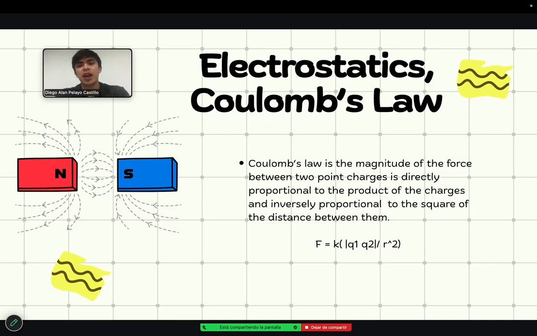So first I would like to start with electrostatics. Electrostatics is the study of electric charges at rest, and overall in physics it is encountered in many types of forces like gravity, friction, and tension.